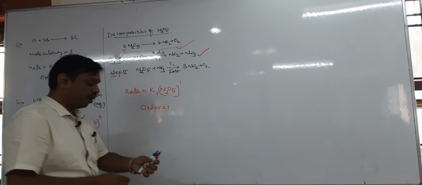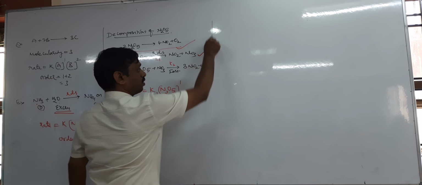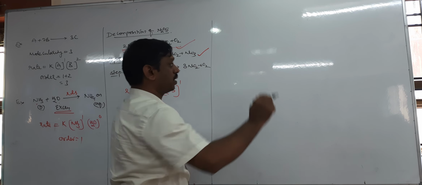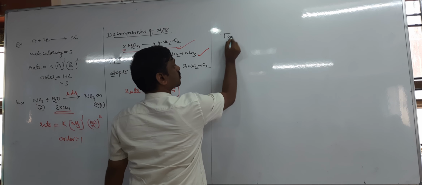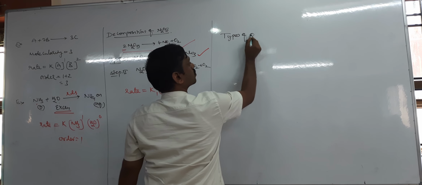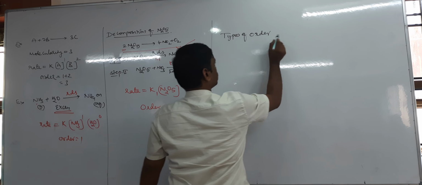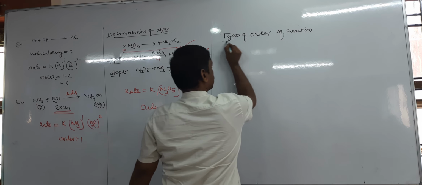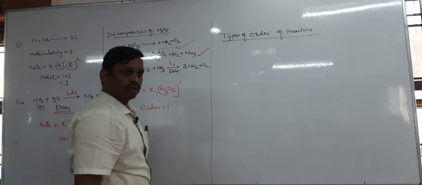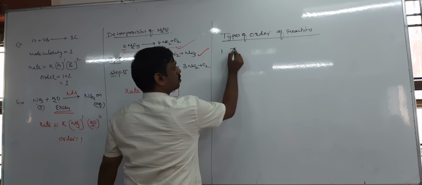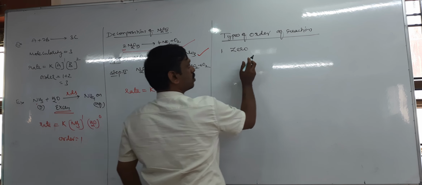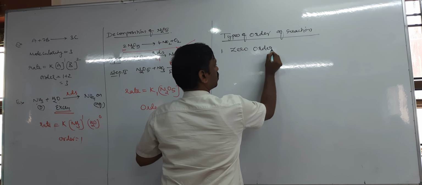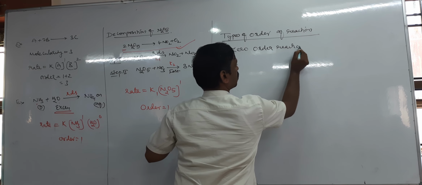Next is types of order of reaction. So what are the types of order of reaction? Come on, tell me. 1. Zero order reaction. 2.